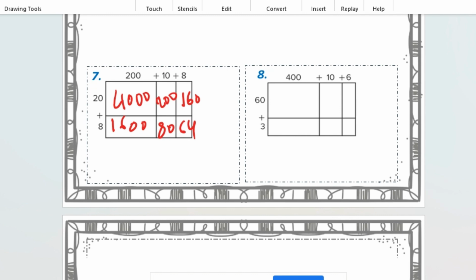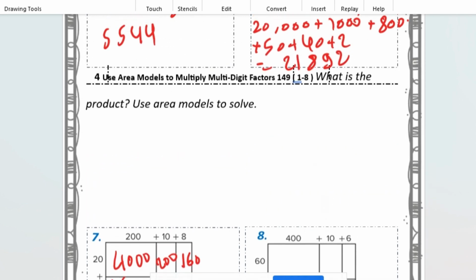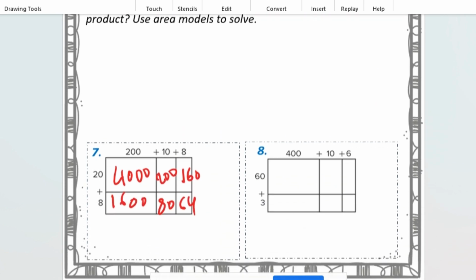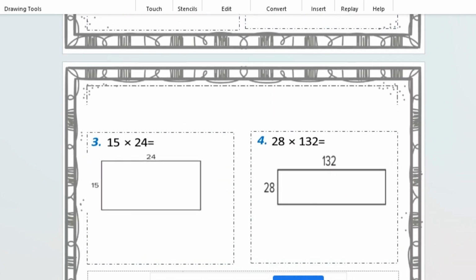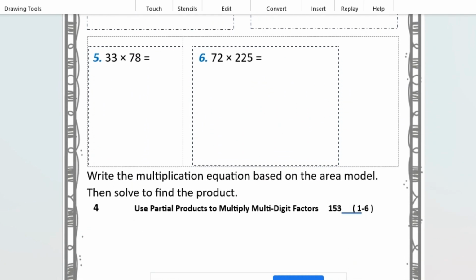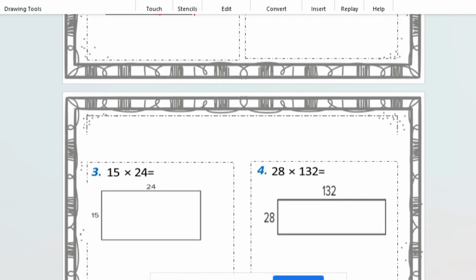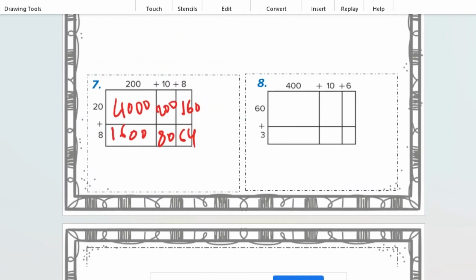It says we have to write the multiplication equation. I don't know where the question here has gone. It's this one, yeah. We write the multiplication equation based on the area model and we solve it. So our multiplication equation, this has already been decomposed by place value.